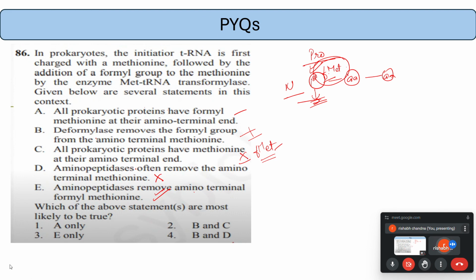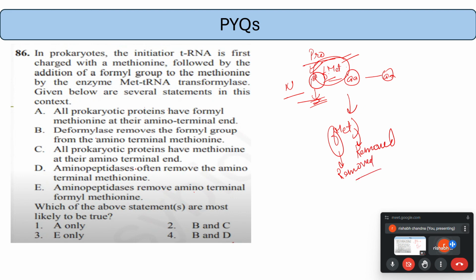So sorry guys, here is a correction. So what happens during translation? Although the first amino acid that is initiated is formylated methionine, after the translation happens, this formylated methionine is either removed as methionine or the formyl group is removed.